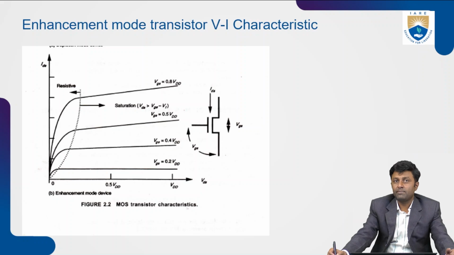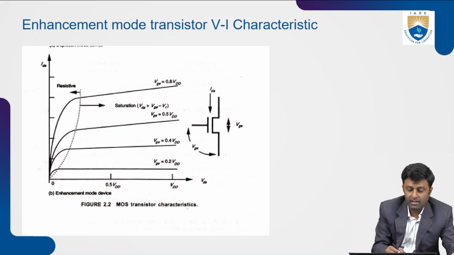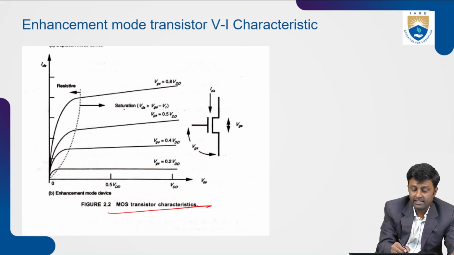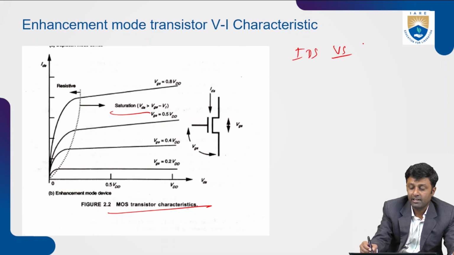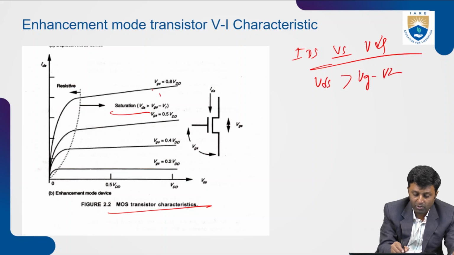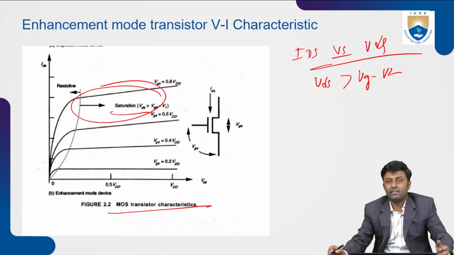For the enhancement type it is almost the same. As you can see, we are discussing the IDS versus VDS characteristics. If VDS is greater than VGS minus VT, at this point the transistor is in the saturation region.